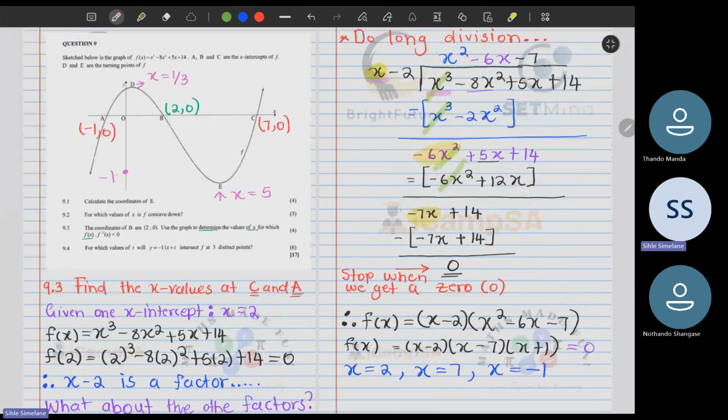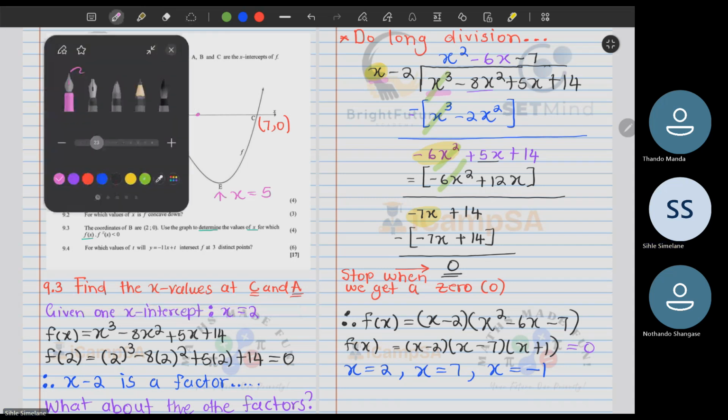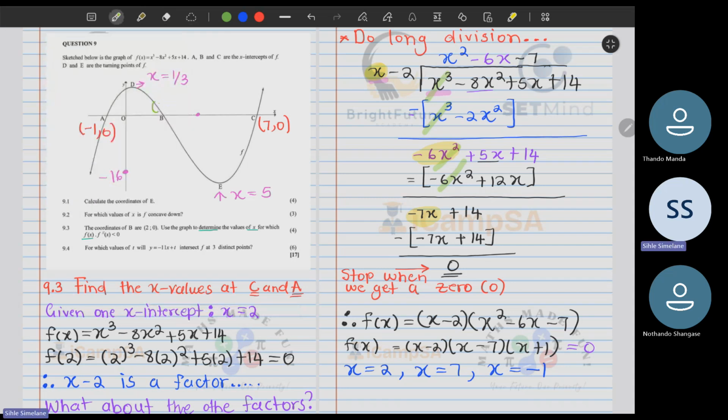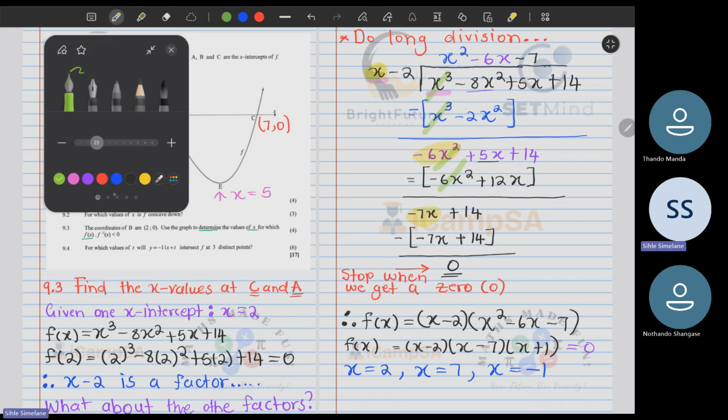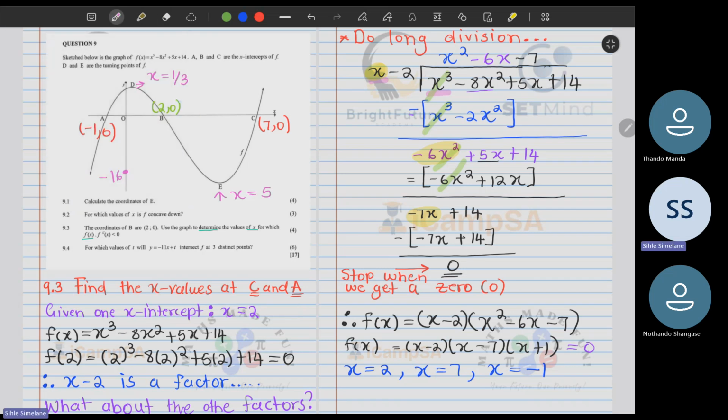So we'll have negative 16 down there. Then on the x-axis, it will be crossing at 8 over 3, something like 2.6.